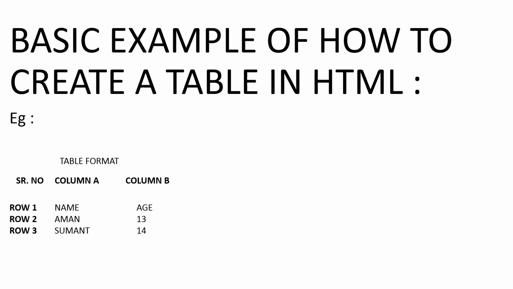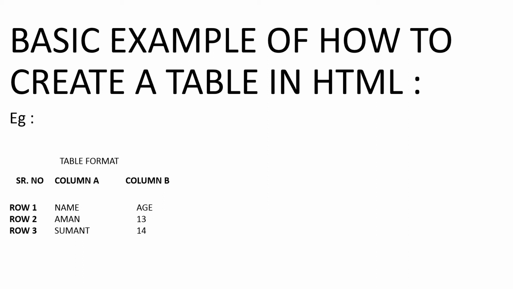And then to mention the data of the table, you will use the td tag. You will understand more as I show you how to write the code for the basic table.